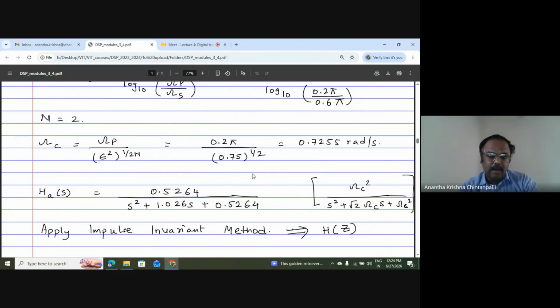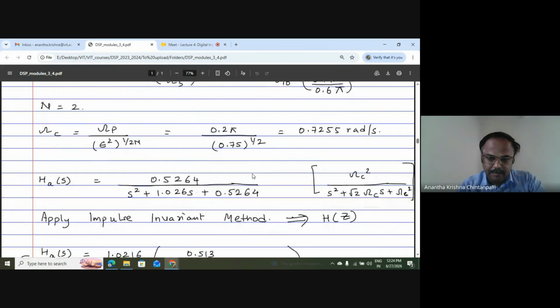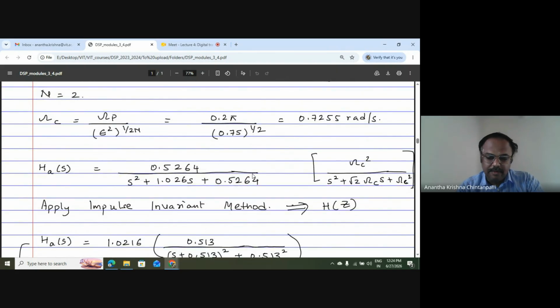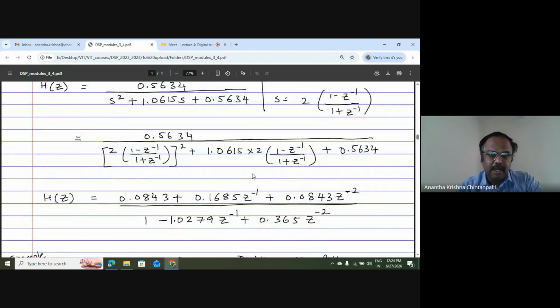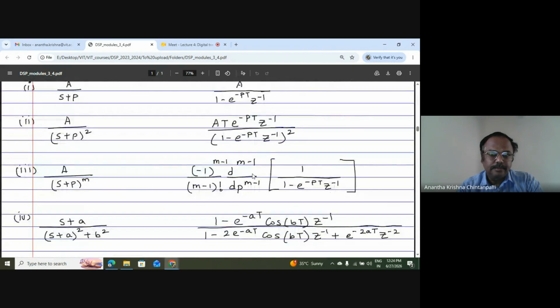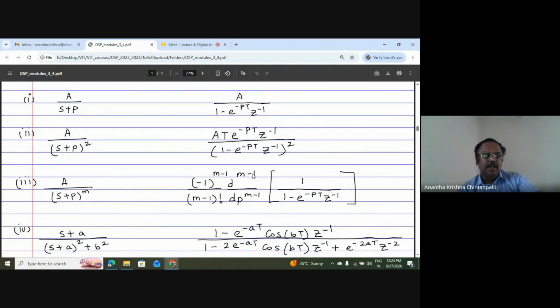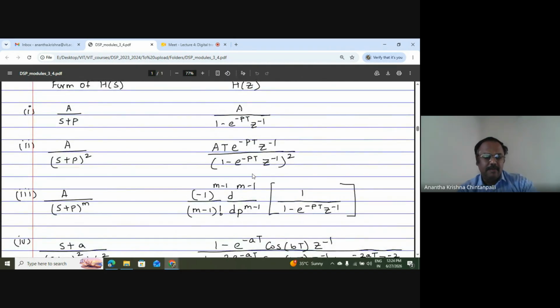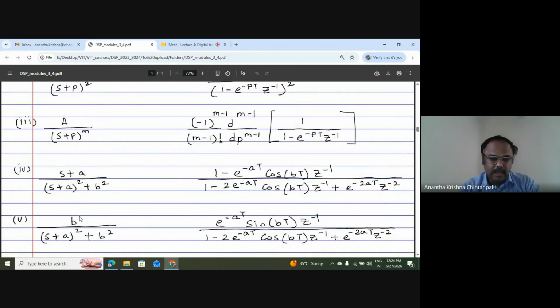Now I need to apply the impulse invariance method. If you look at the table which we have discussed, which I have shown, I want to make sure that my H of s falls in this particular region. Then the corresponding H of z is given.